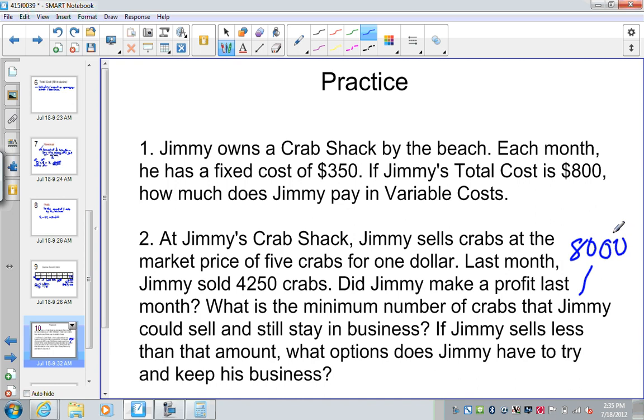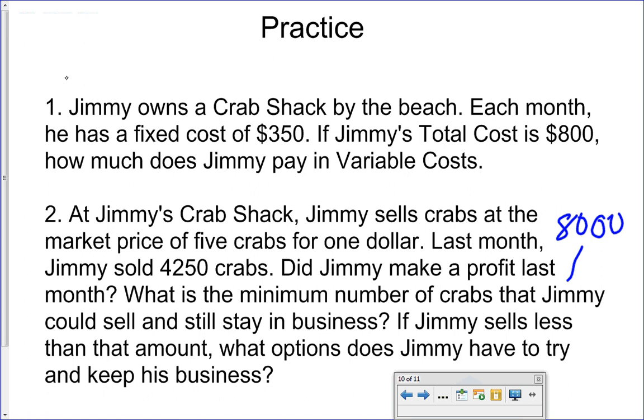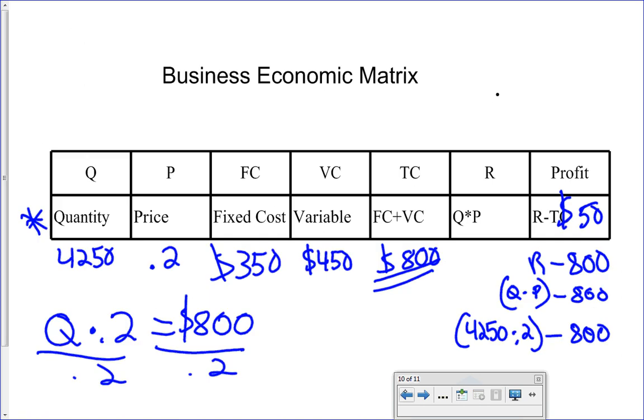If Jimmy sells less than that amount, what options does Jimmy have to try and keep his business? Now this is where we really transition into our next lesson. It would seem as though if you were Jimmy, you would need to do a couple things. You would either need to increase the quantity that you sell, but by increasing the quantity that you sell, you also increase the variable cost, unless you change the amount of capital that you use or change the quality of your production.